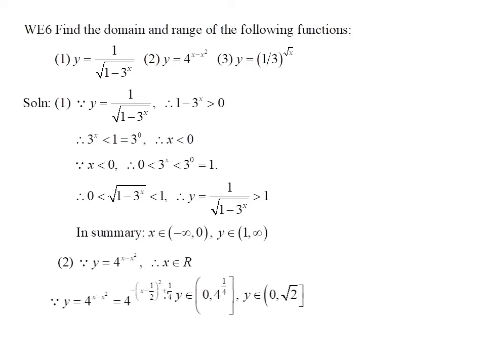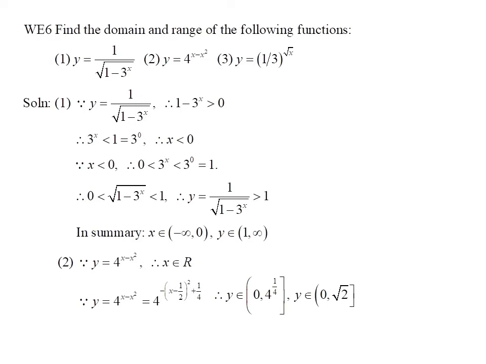Since the index expression can be transformed to the quadratic turning point form, which is negative (x minus 1 over 2) squared plus 1 over 4, the value range of the quadratic index is from negative infinity to 1 over 4. Hence, in summary, the domain of the function is R, the real numbers, while the range of the function is from 0 to square root 2, including the point square root 2.